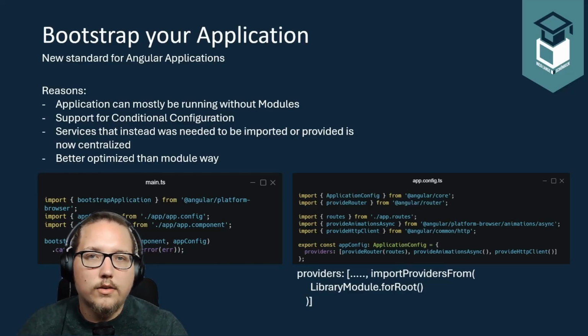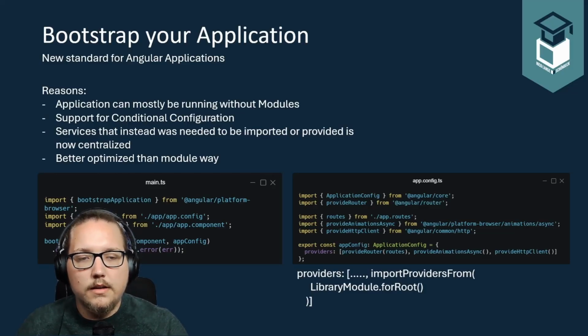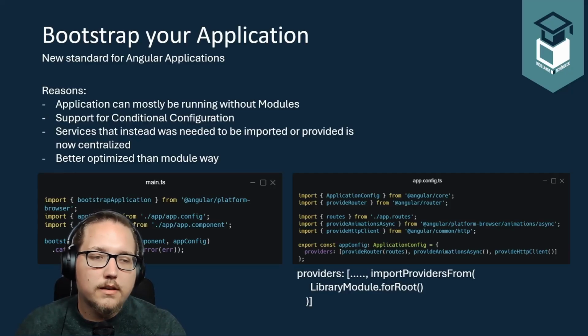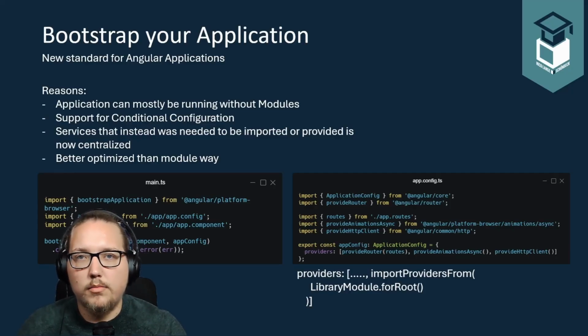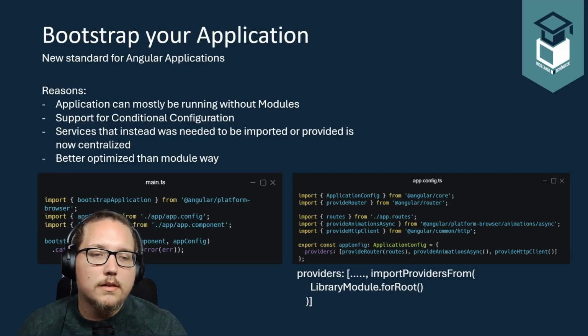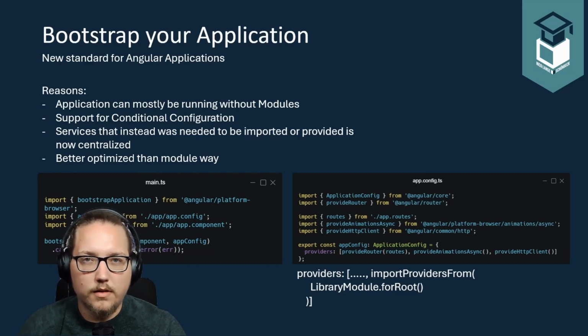And here you can then use the library module's forRoot, if that is the way the library works, and then you can also provide that service. This application config is kind of the replacement for the app module. You provide here some services or injection tokens or whatsoever that get provided over the whole application.